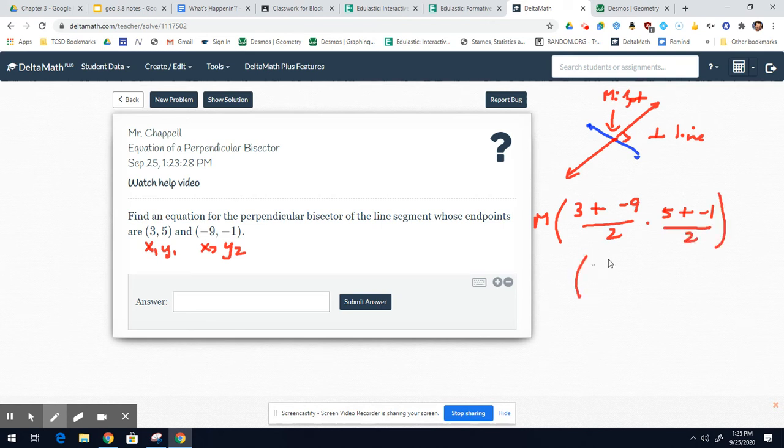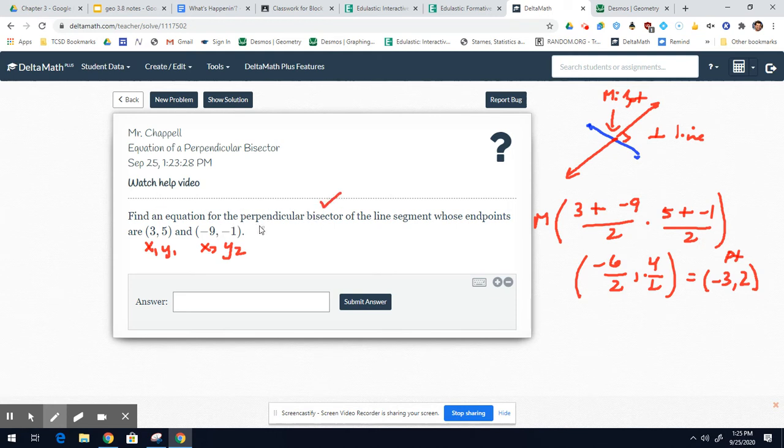That is -6/2 and 4/2. So your midpoint is going to be (-3, 2). So that is the point you're going to use in point slope form. Okay? And now, that's the bisector part.